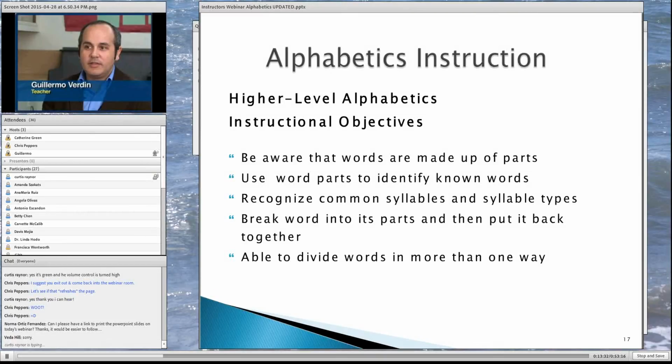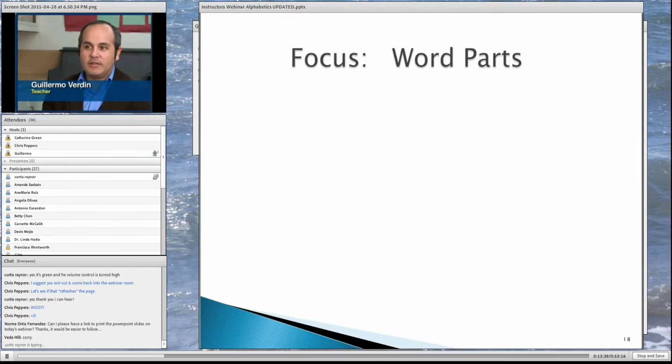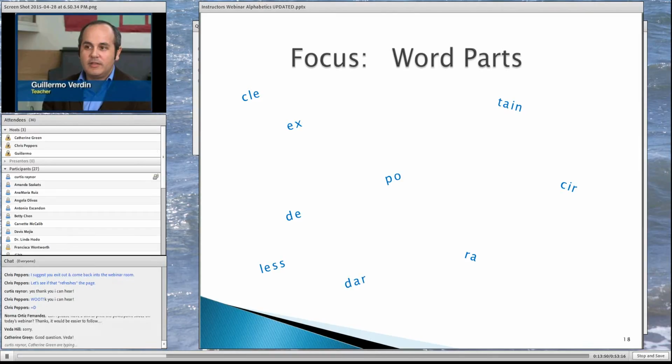Evidence-based reading instruction recommends focusing on and teaching word parts so that readers can use those parts to identify known words, so that readers can break the words into their parts and then put them back together.